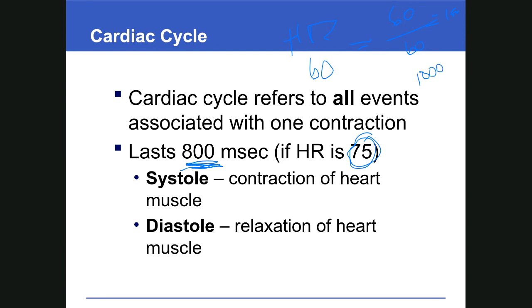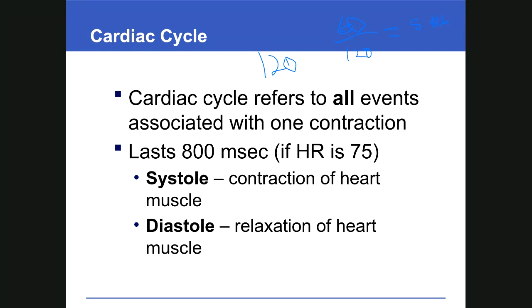But what if I start exercising and my heart rate goes up to, I don't know, let's say 120? Now remember, I'm going to divide into 60 to figure out how long each beat is lasting. Well, if I divide 120 into 60, I only get a half. I get a half a second.